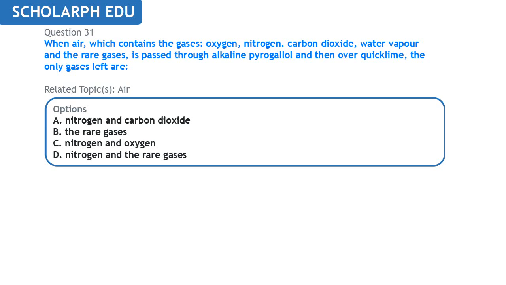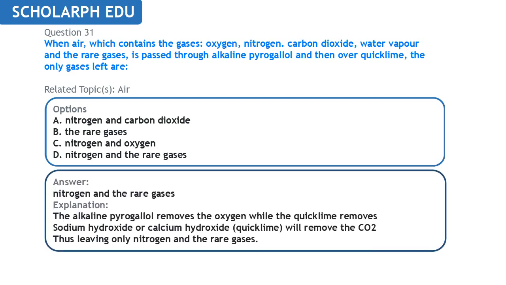Now, passing the air over alkaline pyrogallol is going to remove the oxygen in it, while the quicklime is going to absorb the carbon dioxide and water as well, because it is a deliquescent or hygroscopic substance. So the only gases we will be left with in that mixture are nitrogen and the rare gases.